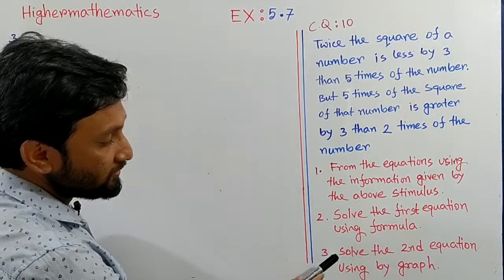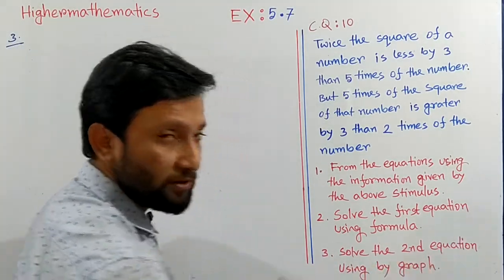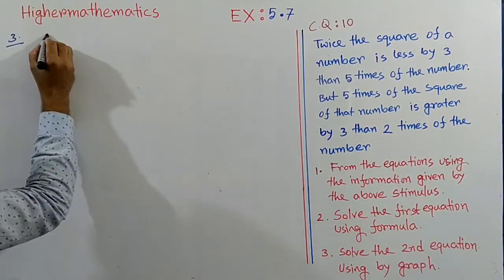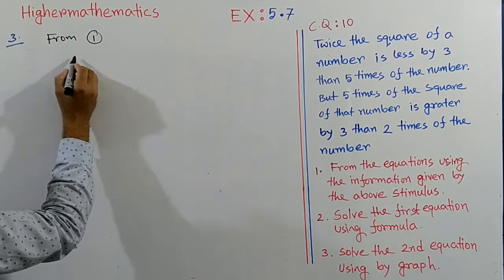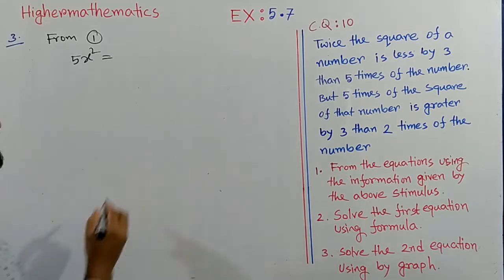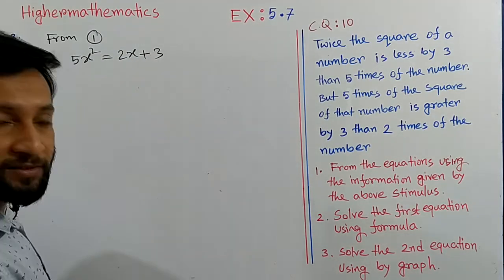Now the third one. The question is: solve the second equation using a graph. From 1, the second equation is 5x² = 2x + 3. This is the second equation.